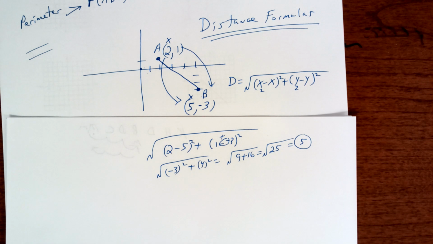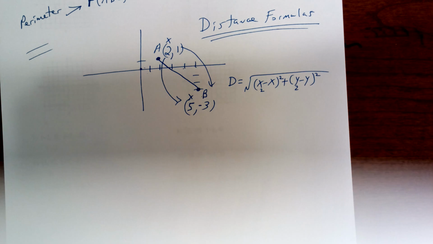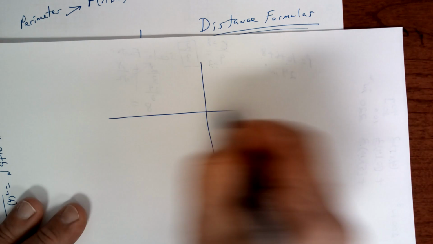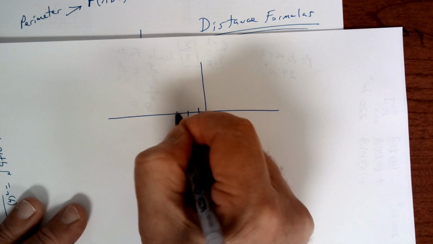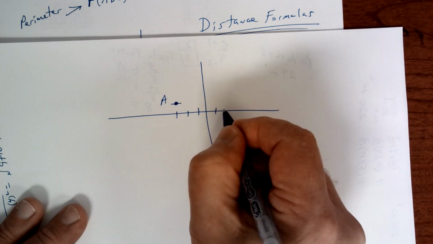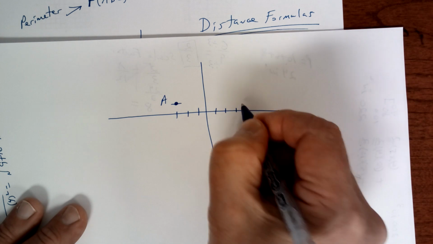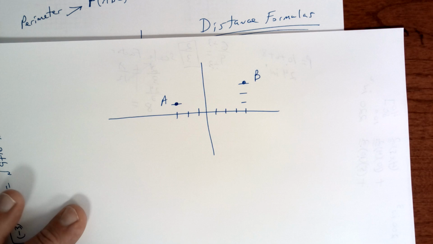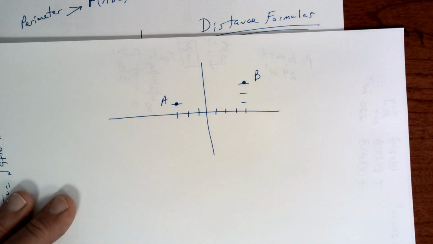Okay? Now I want you to try one. Draw this diagram. Find the distance from A to B. Okay, so to do that, this is a negative 3, up 1.